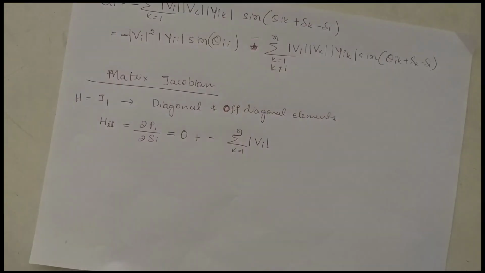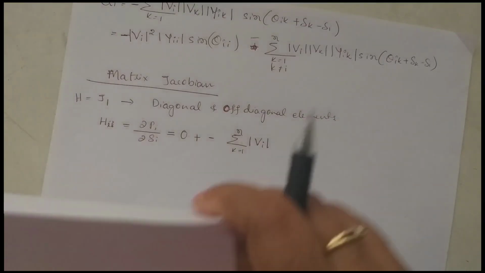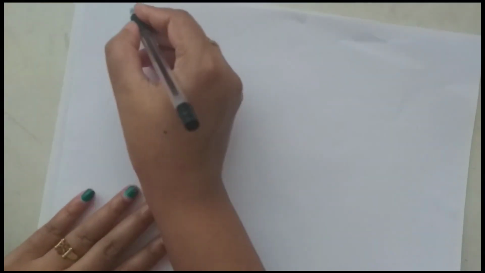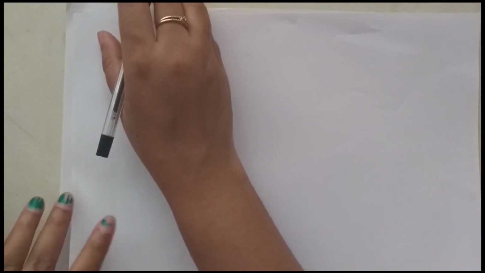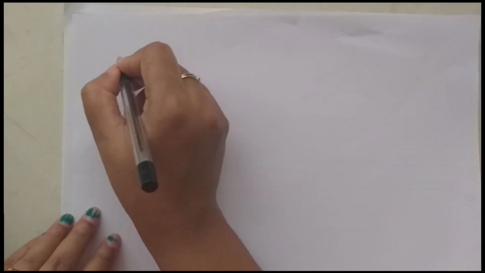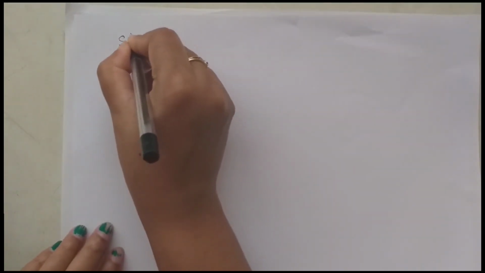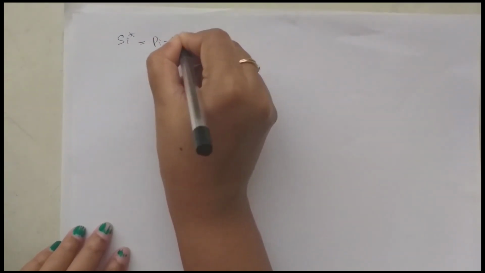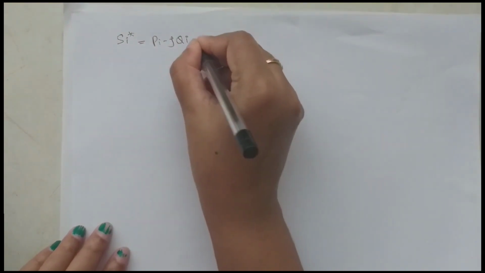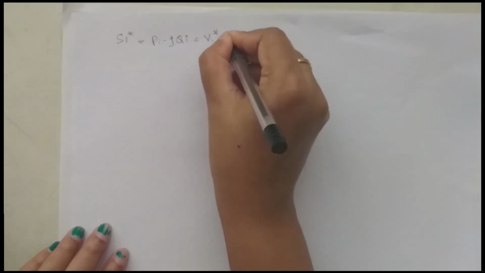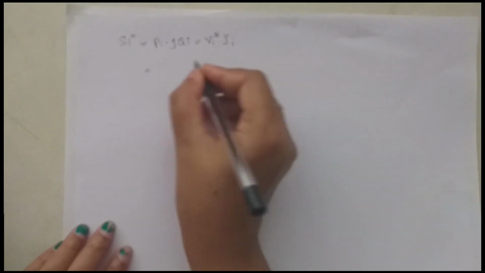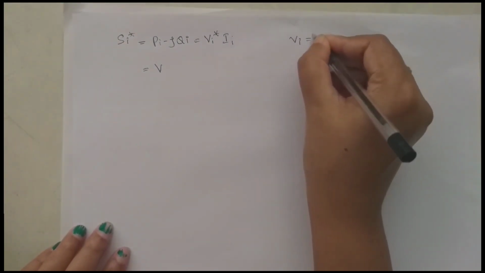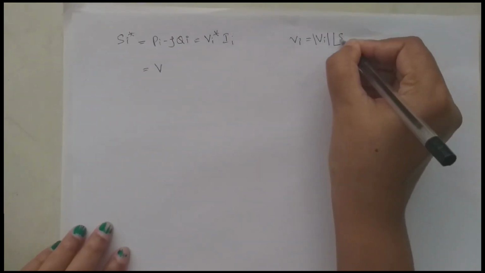So, let us derive what P and Q are. We know that the complex power Si conjugate, which is equal to Pi minus j Qi, can be written like this: Vi conjugate times Ii, where Vi is the magnitude of Vi at an angle delta i.